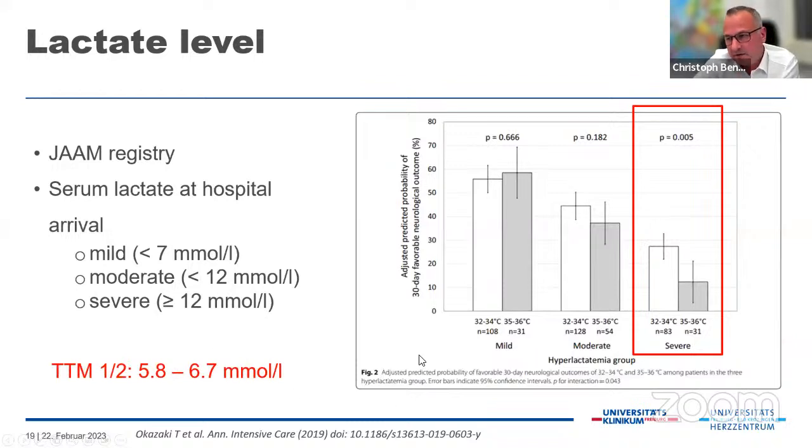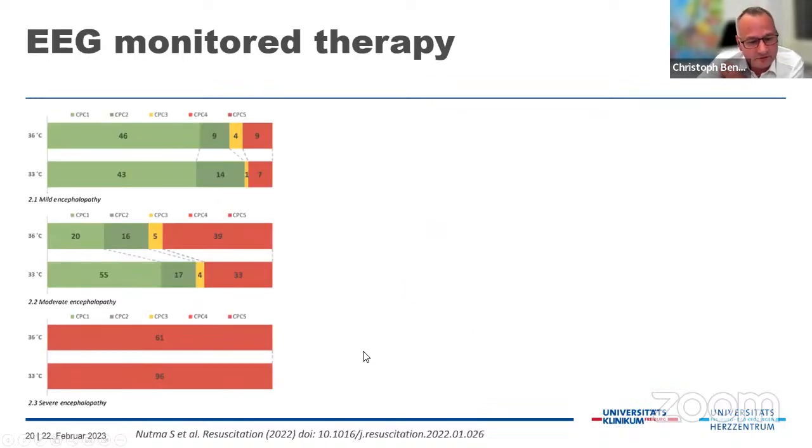And if we compare it again to the TTM 1 and 2 trial, the lactate level was between 5.8 and 6.7. A study from the Netherlands showed different grades of encephalopathy: mild, moderate, and severe. In the mild, there was no difference, also in the severe.